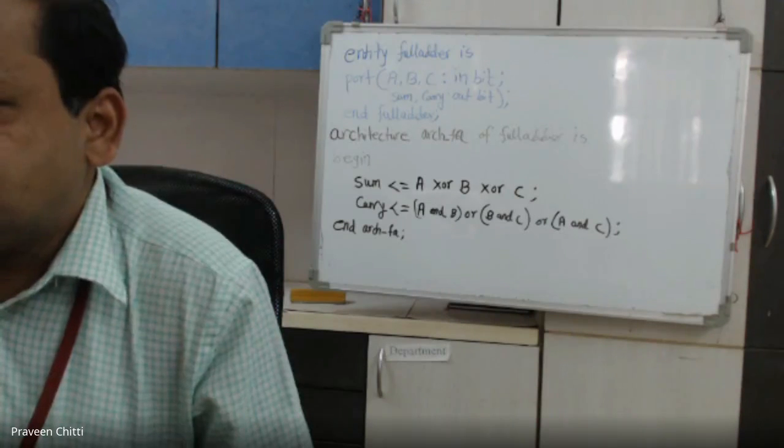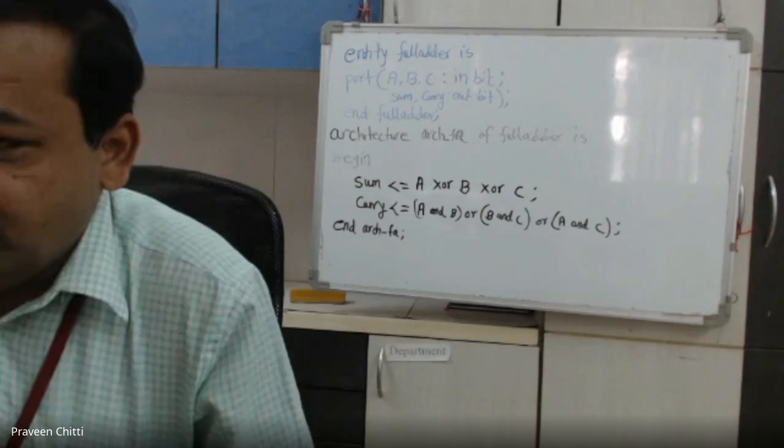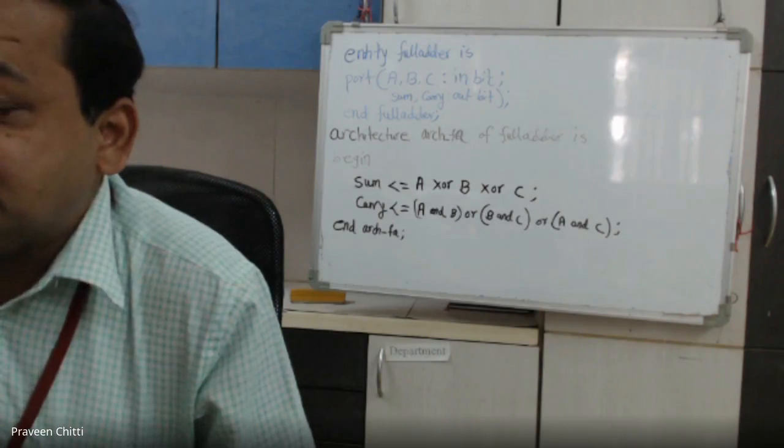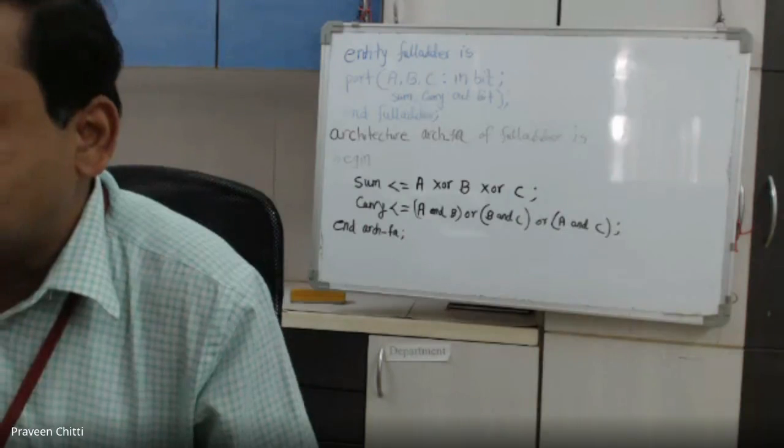So architecture arc underscore mux of mux is begin, and then you have to write a single signal assignment statement. Can anybody tell me what statement you need to write?